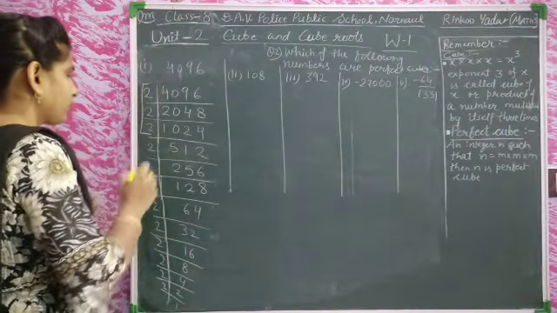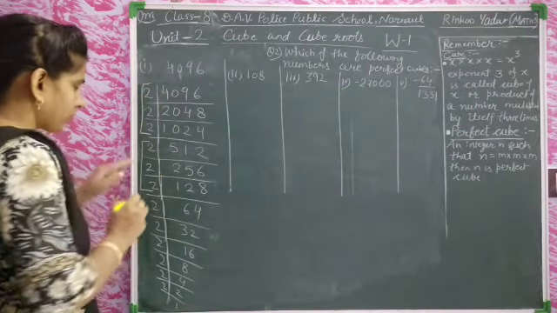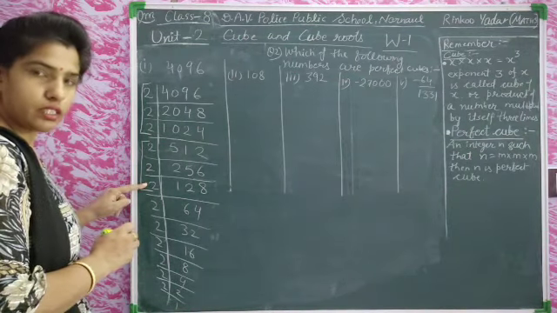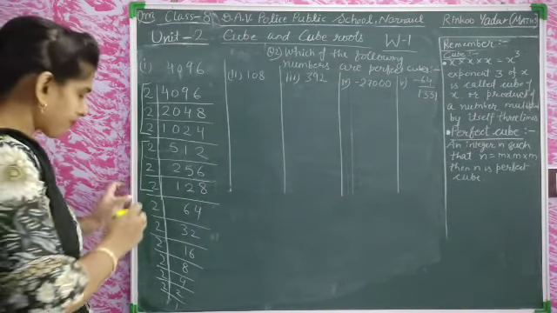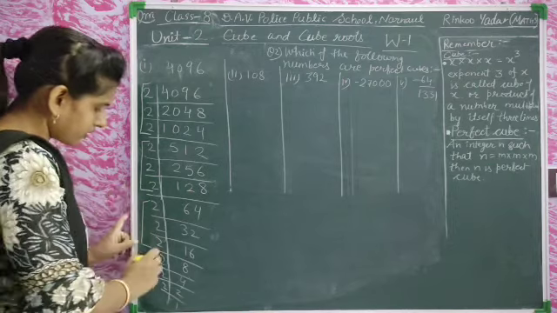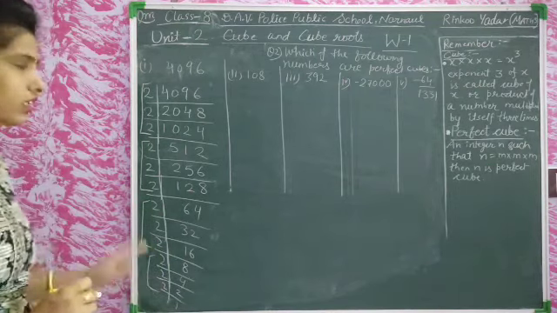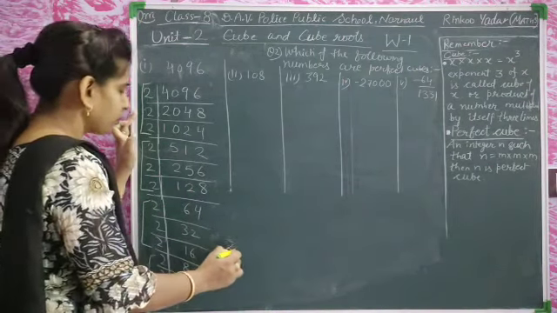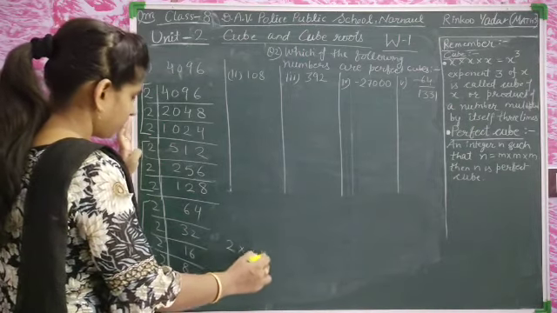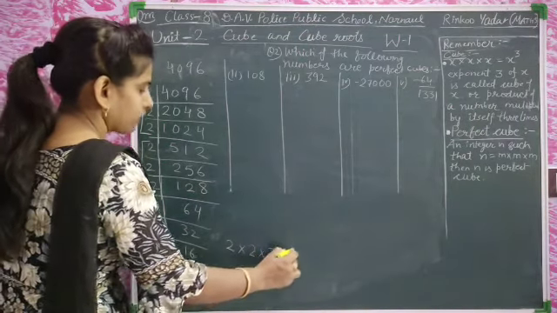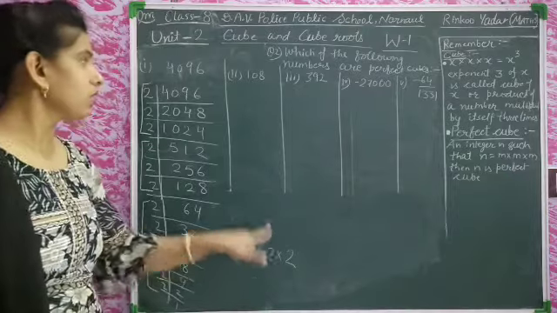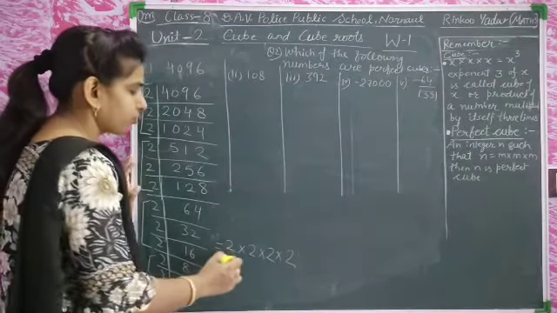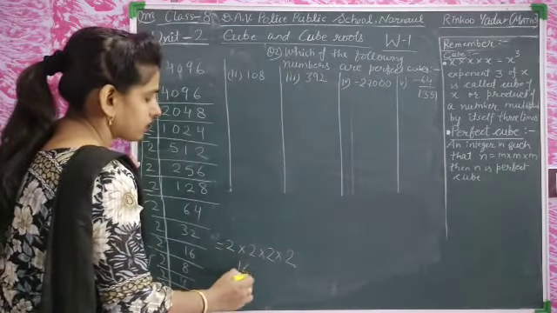This is one grouping here, and this is one grouping here. In each triplet there is the same number. This is one triplet, and this is one triplet. There is 2 into 2 into 2 into 2. This is the perfect cube of 2 to the 4 to the 8 to the 16.